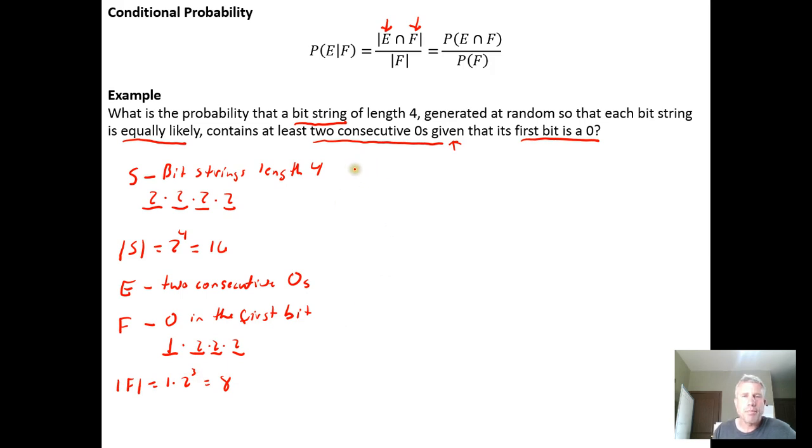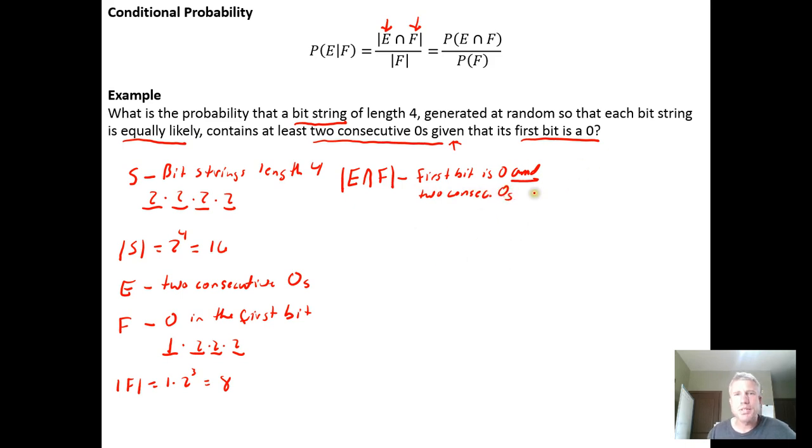And now we need to know something about the intersection between E and F. The intersection is just going to be that the first bit is 0, that's from F, and there are two consecutive zeros.